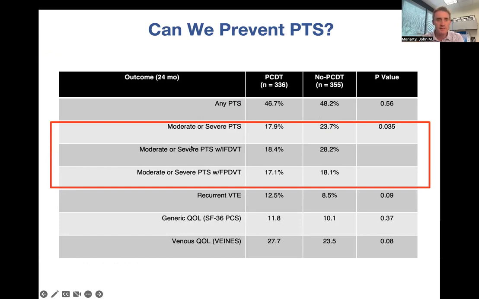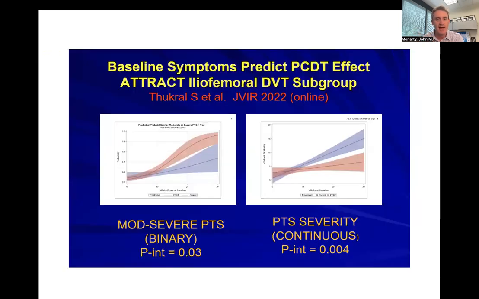Moderate or severe means that you don't just have a small amount of leg swelling, but rather that you are on the greater end of the spectrum, where there is leg swelling but also significant edema, thickening of the skin, pigmentation of the skin, difficulty walking, any of those things, all the way up to an ulcer. And in people who have a blood clot above the knee, not at the knee but above the knee, they are people who benefited from this procedure. And indeed, the people who were worse when they started got the most benefit.